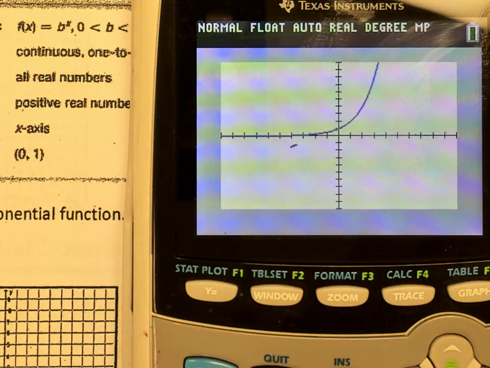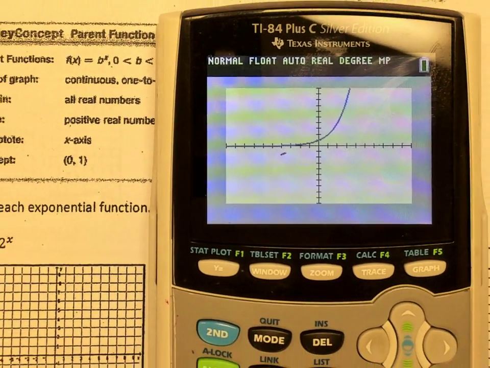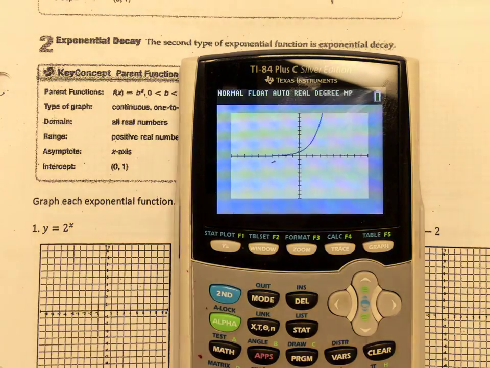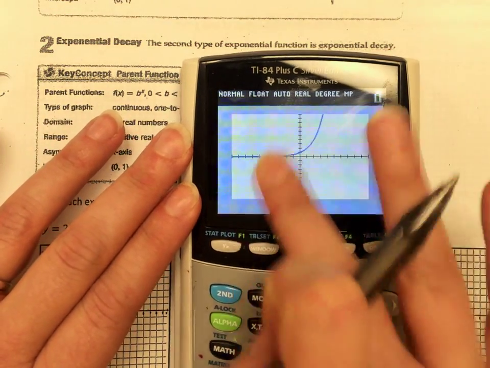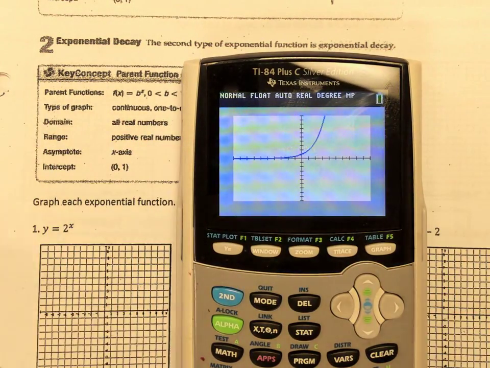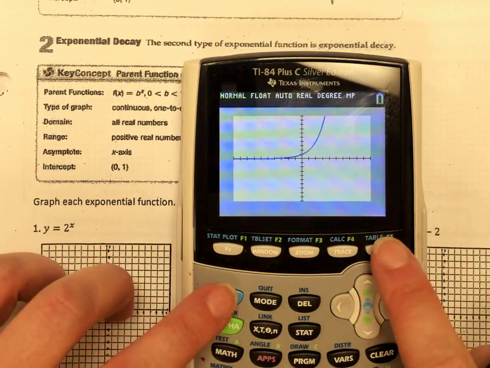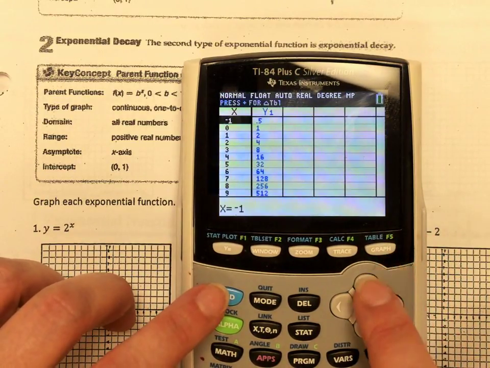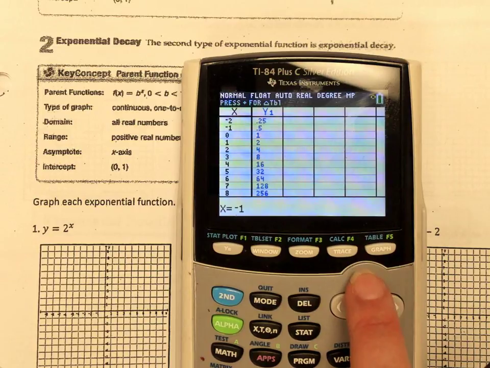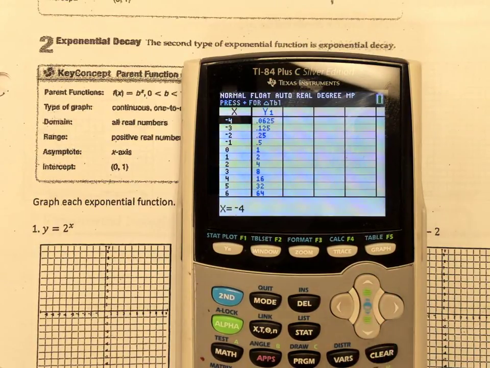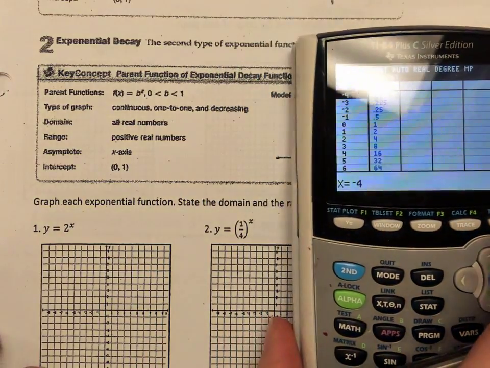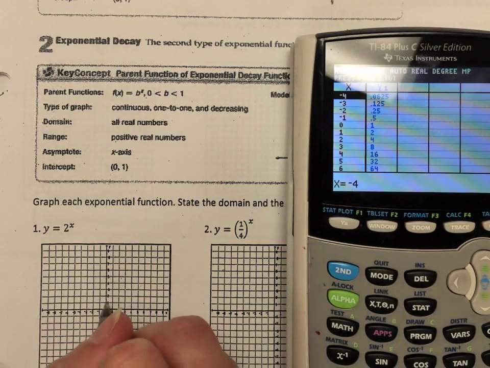All right, so now you can tell your calculator to give you a set of ordered pairs so that you can graph all of that. So you go to table. What do you have to hit first, though? Second, and then table, or second and graph, whatever you want to call it. 0. All right, so what do we have? We have 0 and 1, you said? Okay.